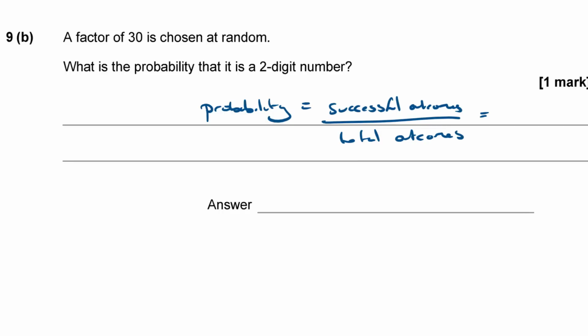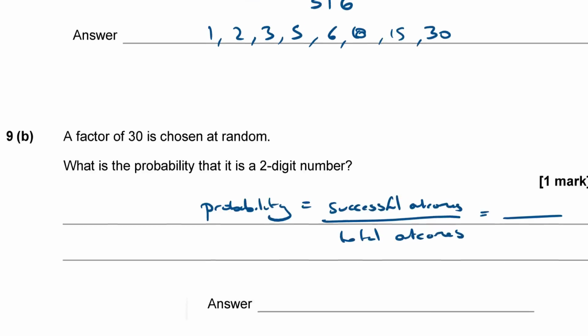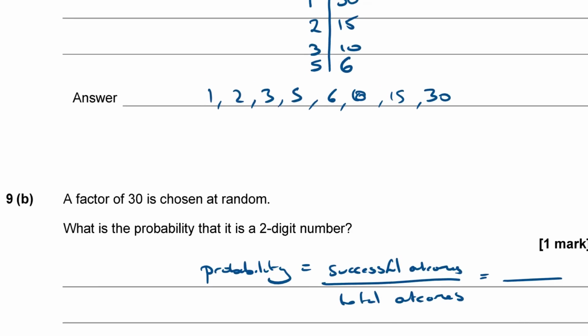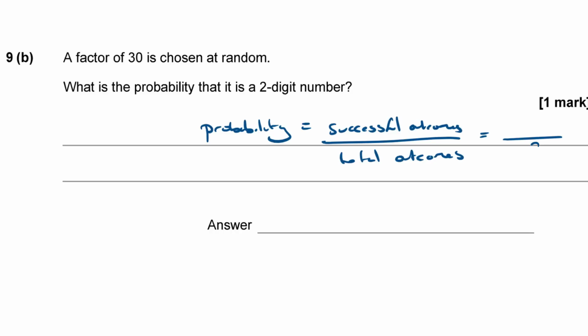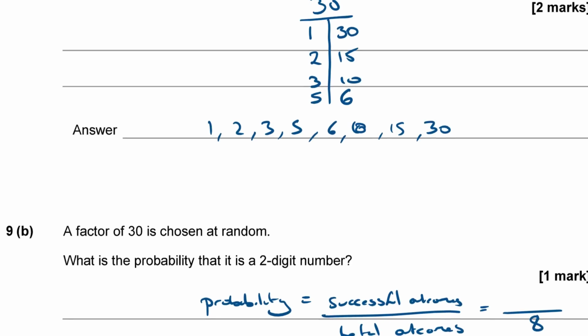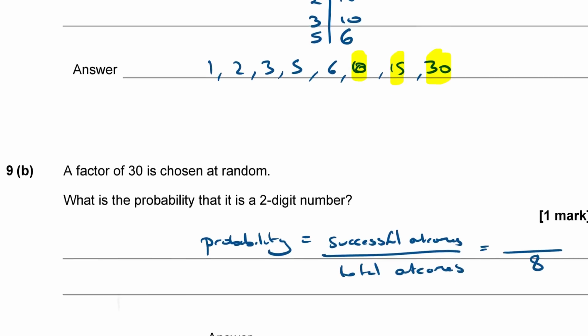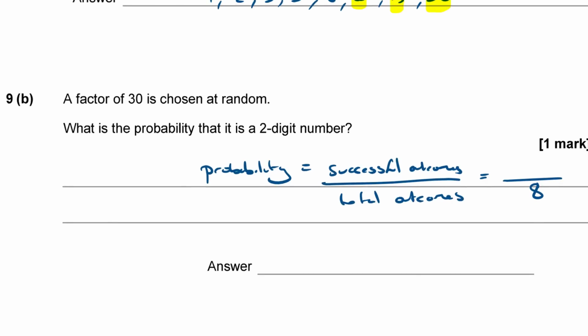So we just worked out all the factors of 30 and we found that there were 8 altogether. So there are 8 possible factors that you could pick. Now, how many of those factors have got 2 digits? Well, it's 10, 15 and 30, those 3. So there would be 3 successful outcomes out of a total of 8 outcomes. So the probability is 3/8.